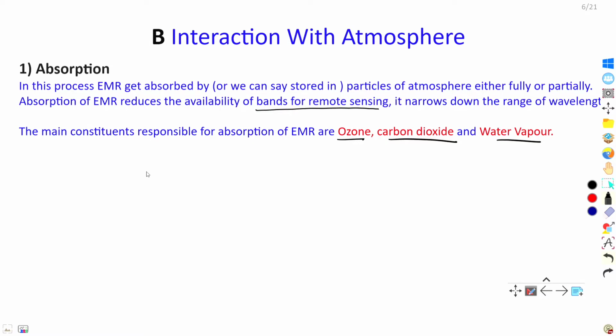So for example, ozone absorbs UV rays. It is helpful for us because UV rays burn our skin. So ozone itself protects us from UV rays by absorbing them. Carbon dioxide works as a greenhouse gas. It absorbs thermal infrared rays.